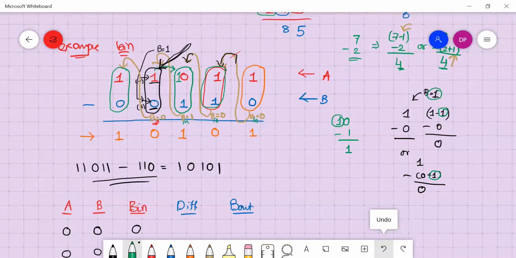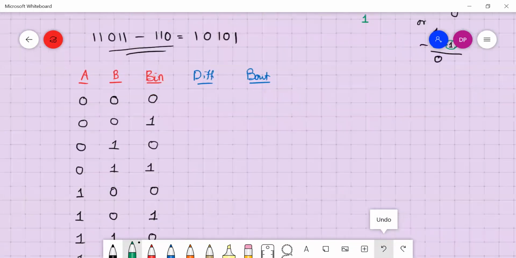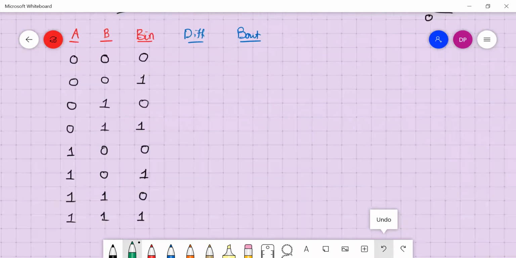No need to add something, no need to subtract something from both the variables. So in this table where previous borrow is 0, let me give an arrow mark here. Here previous borrow is 0.